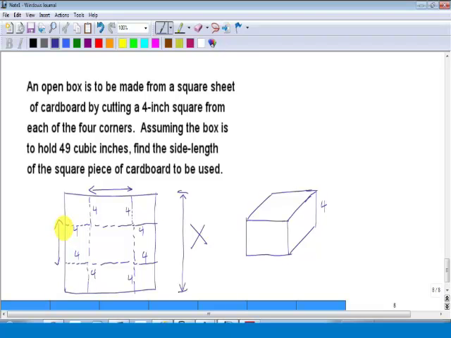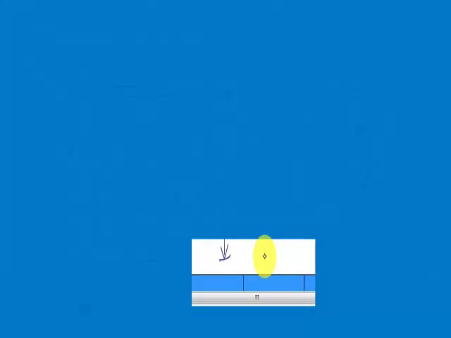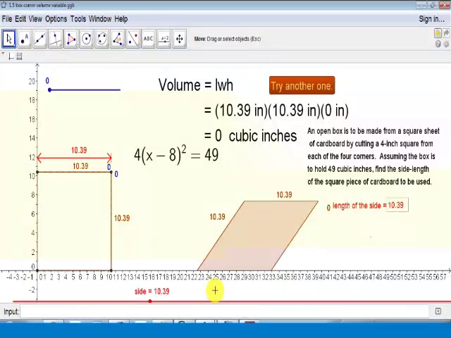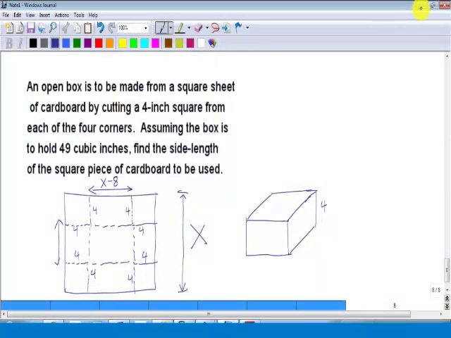If we have the X and we take away 4 and we take away 4 again, what do we have? I believe it's X minus 8. Is it X minus 8? I think it is. X minus 8. I'm worried about my GeoGebra worksheet there. No, there's an X minus 8 there, so we're good.